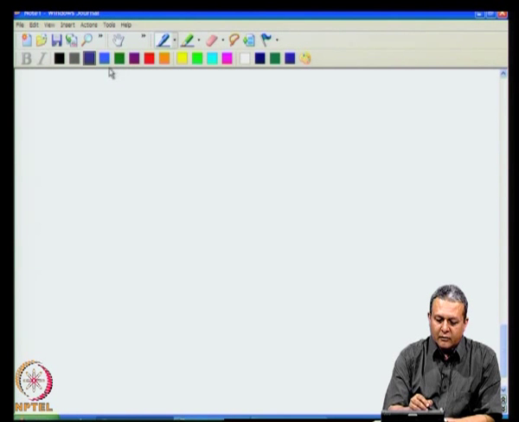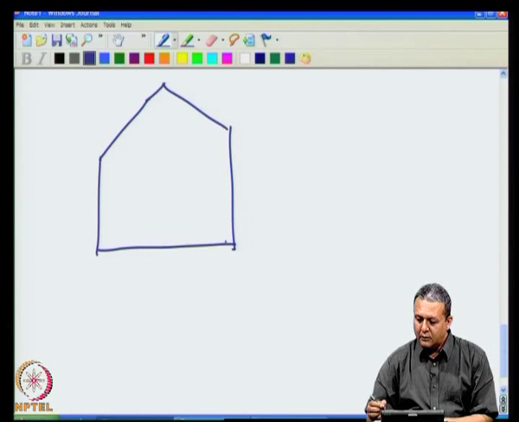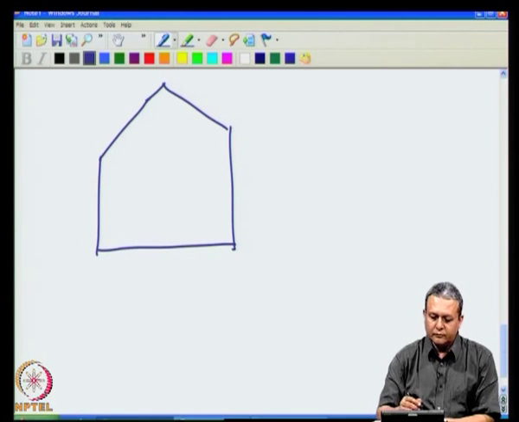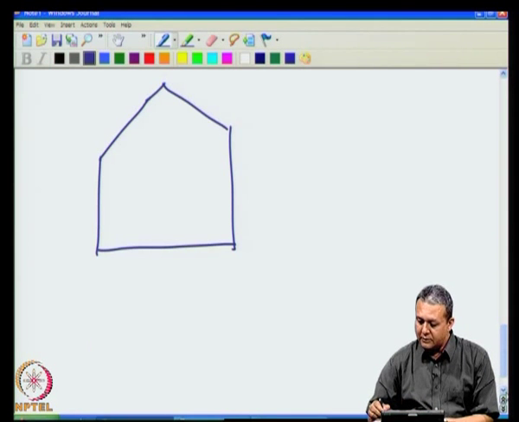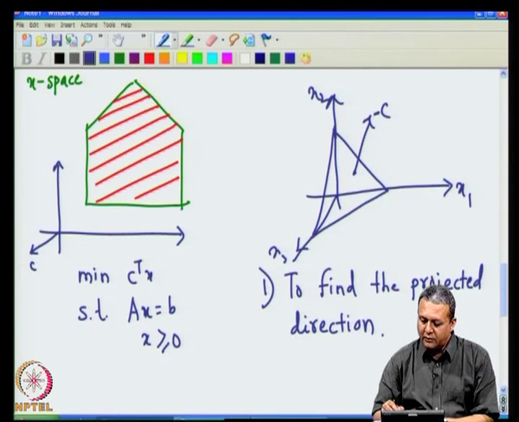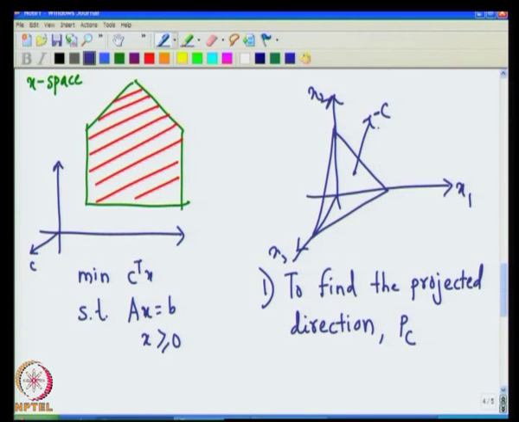Suppose we consider the feasible region that we had, and let us call the projected direction PC, the projected direction of the cost vector onto the subspace.